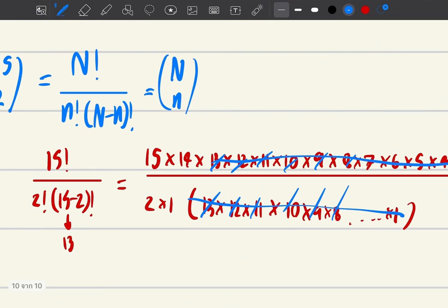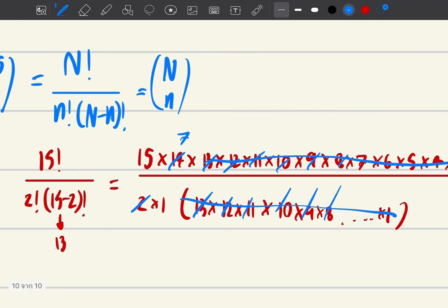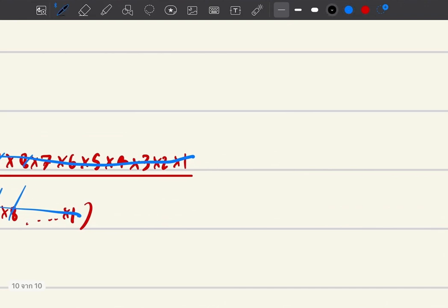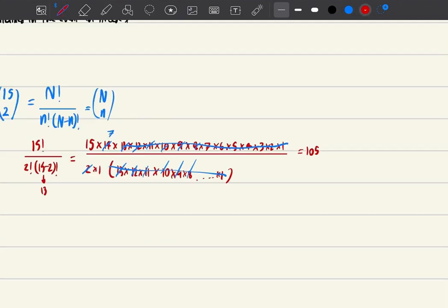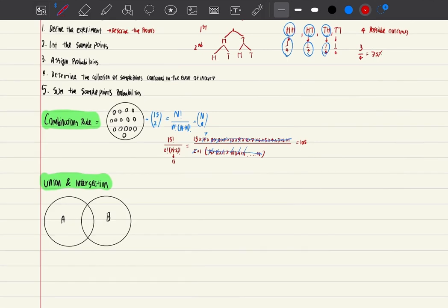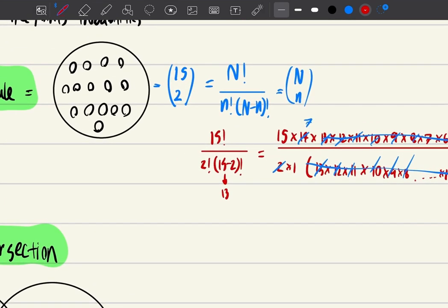So we will have only 15 times 7, equal to 105. It means we will have 105 possible outcomes from drawing 2 balls from the 15 balls in the bowl.